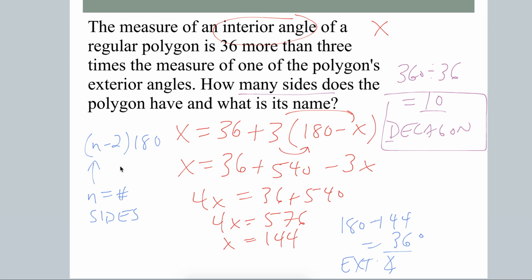That total is going to give you the total for the interior angle sum. Now, I think it's easier to relate it to the exterior angles like we did here. This is a perfectly fine way to do it to get to your answer of 10 sides and that it's a decagon. But this is another way you can do it, but I'm trying to use as little formulas as we need to answer the question.